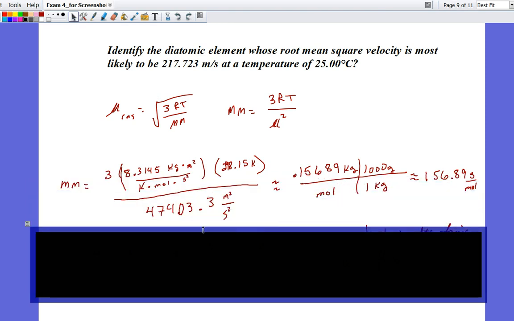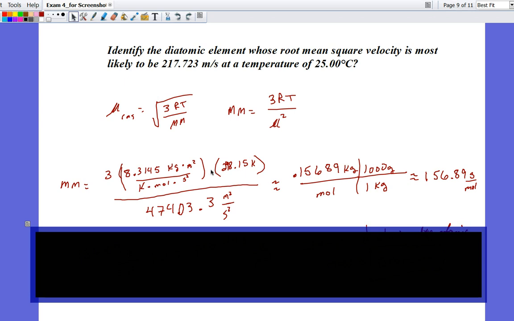So start off here. You have 3, and the R value that I gave you, and now of course remember that comes out in kilograms per mole, so everything's going to cancel out except the kilograms over the moles.